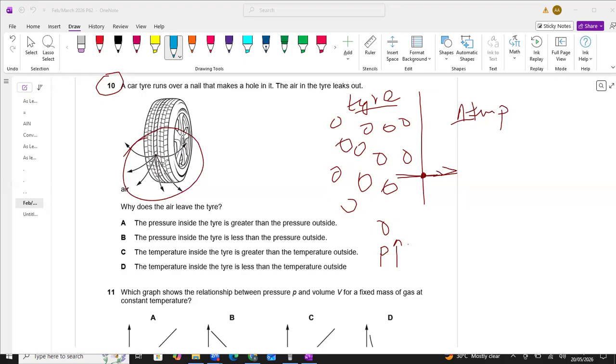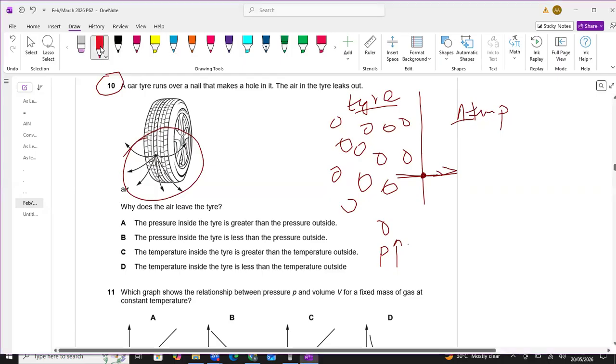All right. So it means, student, in option A, let me read the option first. Why does the air leave the tire? In option A, they are saying the pressure inside the tire is greater than the pressure outside. So obviously, students, A is the correct answer, that the inside pressure is greater than the outside pressure. So that's why the air particles are moving in the outward direction.